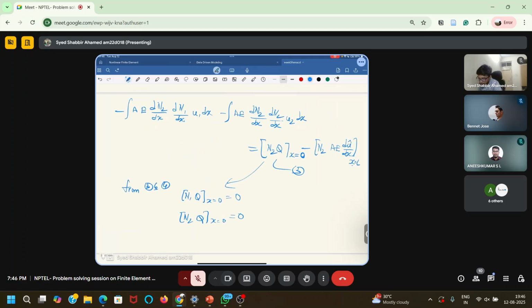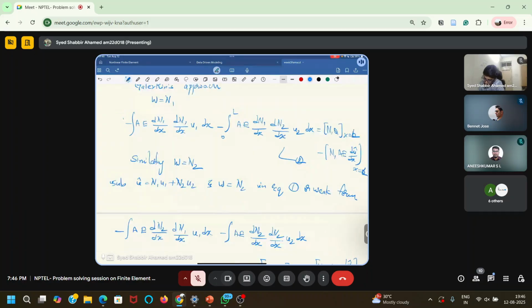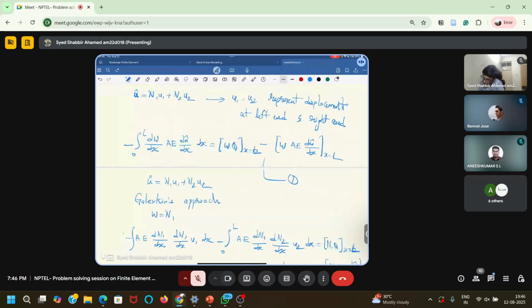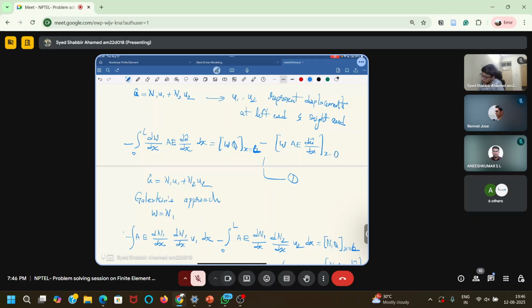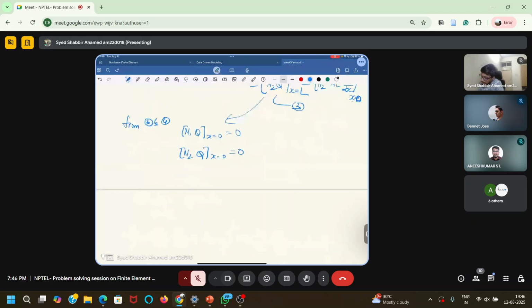Sorry, this is x is equal to L, and this is x is equal to 0. Minor change. At x is equal to L.